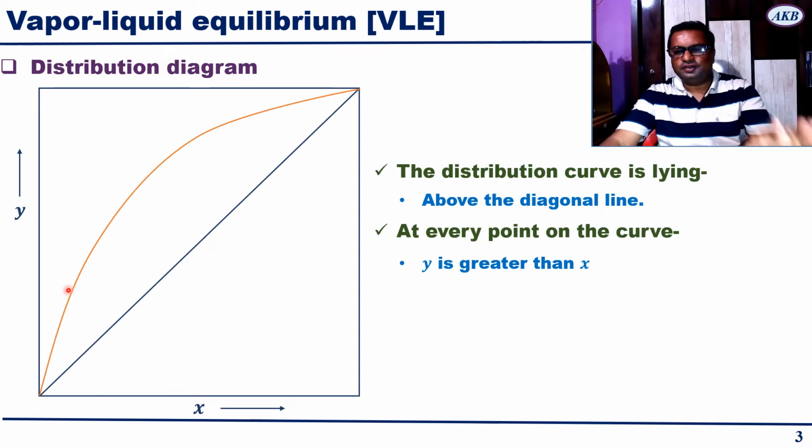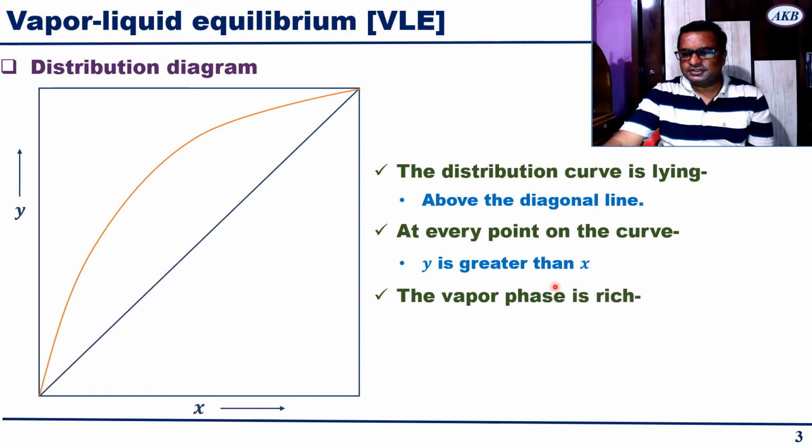So if you have a distribution curve whose nature is like this, then this will be true. On a curve like this, every y will be greater than the corresponding x. So what is the understanding of this?